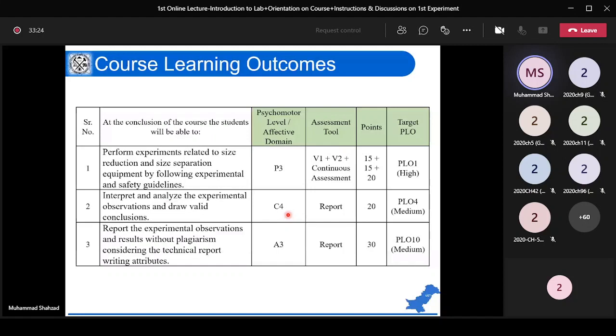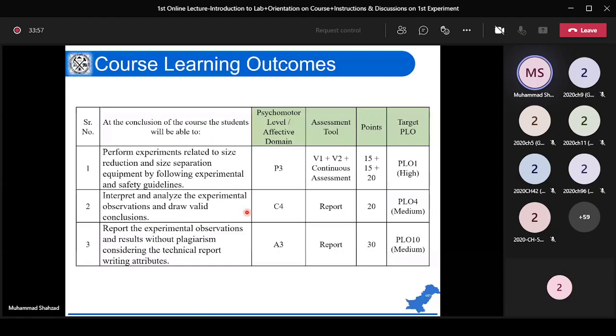There will be a section of discussions in every experimental report. The second CLO is related to the discussion section of your experiment, 20 points. There will be a 20% weightage. Every student will report 4 experiments, and the discussion of every experiment will carry 5 points. 4 experiments, total 20 points.